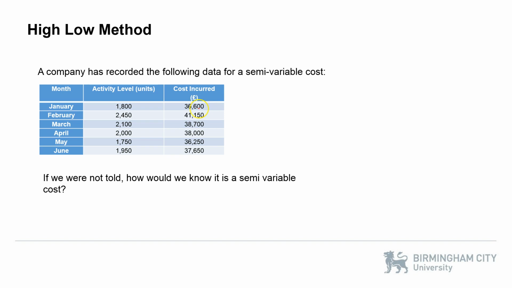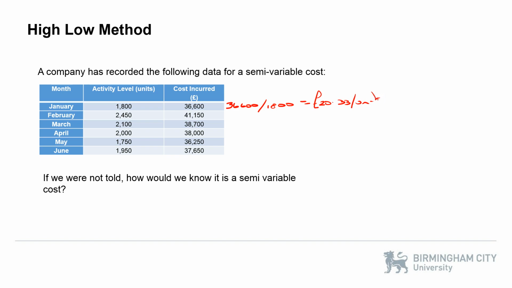So if we divide 36,600 by 1,800, that tells us what the cost per unit is, which is £20.33.